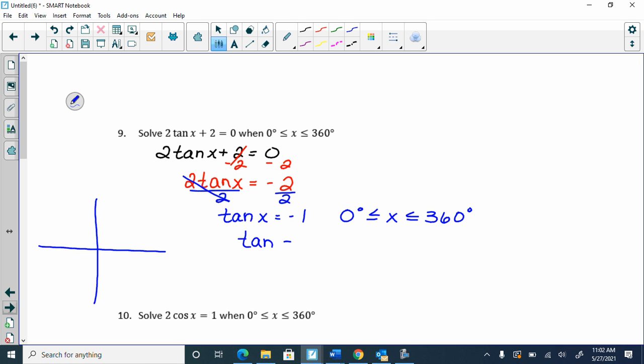What's the only thing I gave you? The only thing I gave you is tan has to be negative, didn't I? And then it has to fall there. That's all I gave you, was tan's negative. So basically I'm screaming at you, it can't have the letter T!